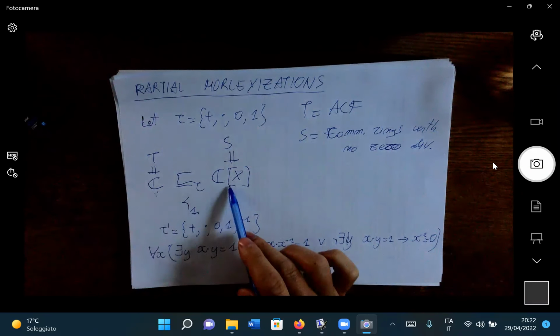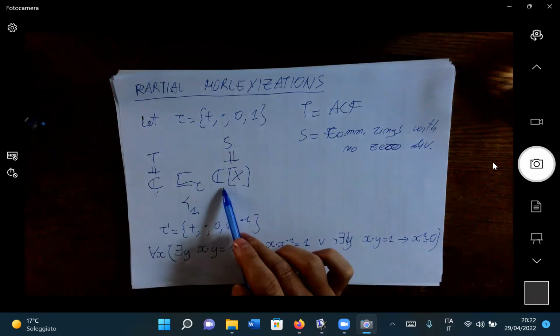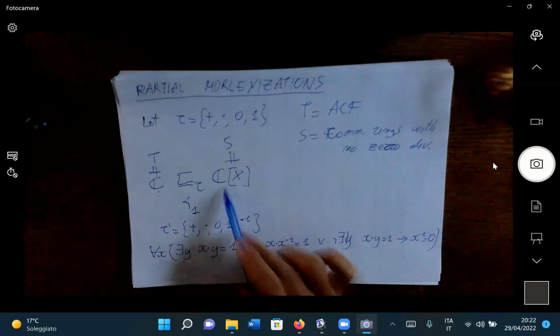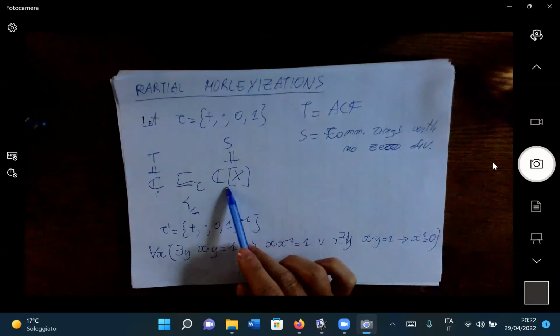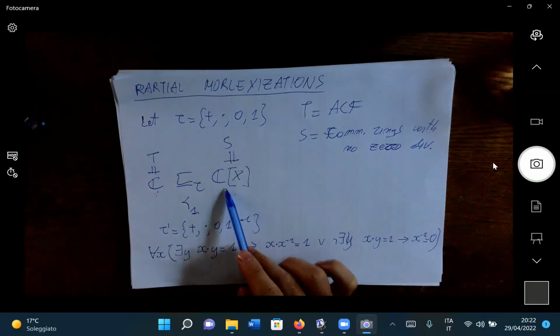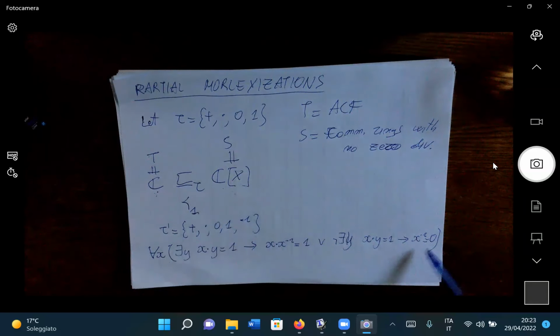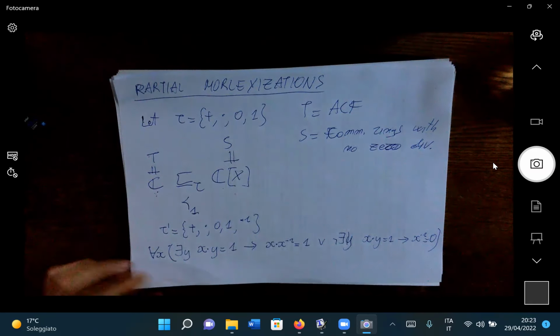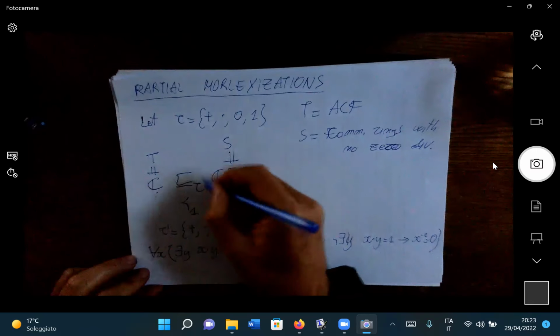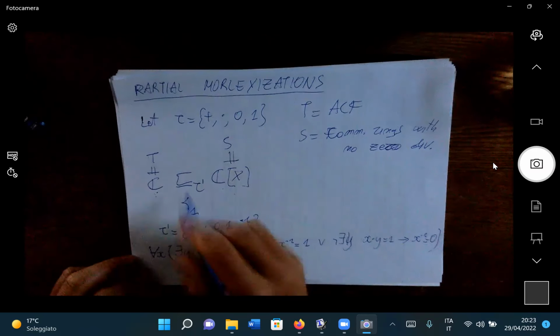So here this axiom is satisfied and the interpretation is the multiplicative inverse. Whenever you take a complex number, the inverse is the complex inverse. But when you take a polynomial which is of degree bigger than 0, then the inverse is the 0 polynomial. Okay? So what happens is that here you get that tau prime is also true.